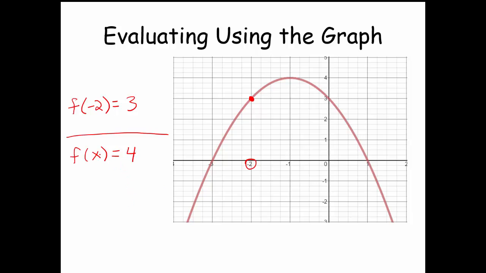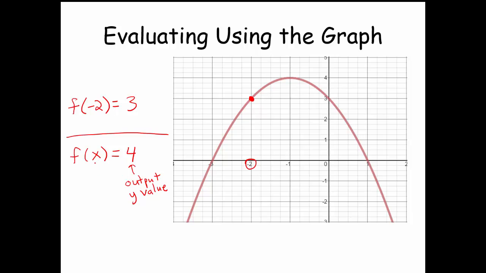Notice what I'm doing here. I'm playing a different game. I don't know what the input is. I'm looking for the input. I know what the output is. The output is 4. I know the y value is 4.